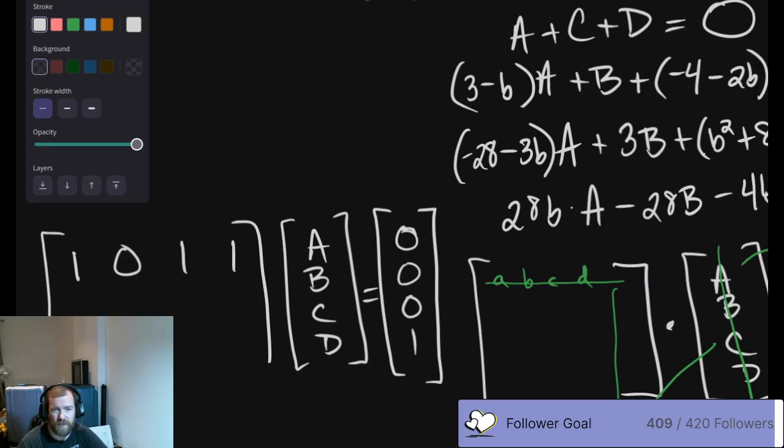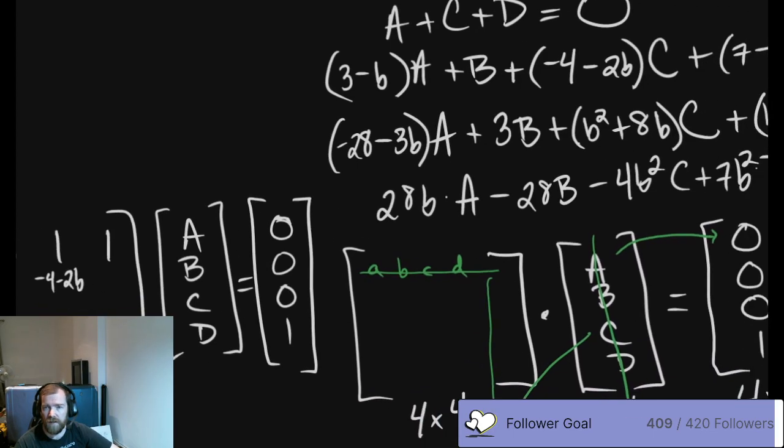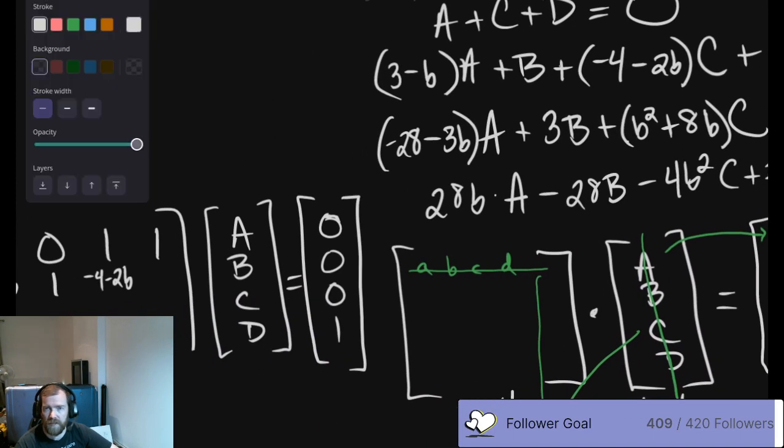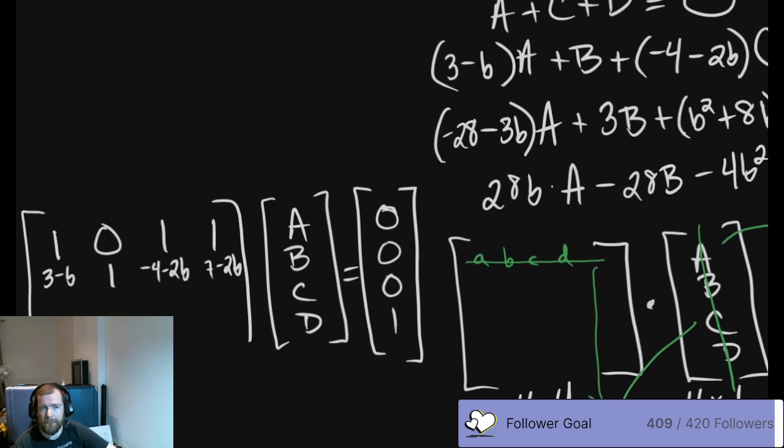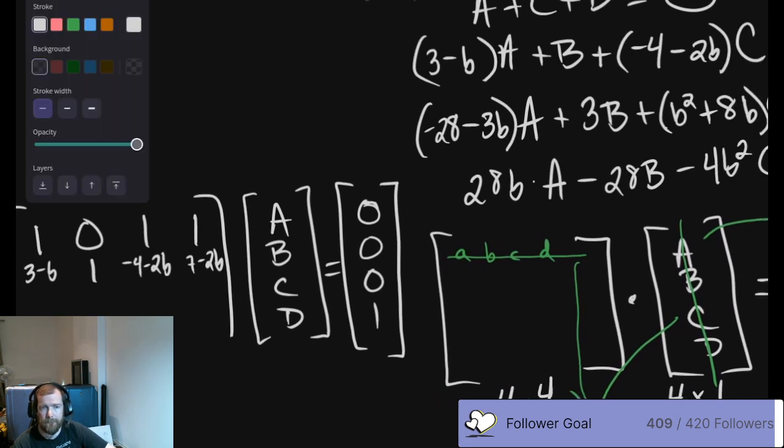All right, so again, this is where it gets a little weird, because we've got all this stuff in here. So this is going to be 3 minus b for a, 1 for capital B, negative 4 minus 2b for the coefficient of c, and 7 minus 2b for the coefficient of d. Coefficient of a for the next line is going to be negative 28 minus 3b.